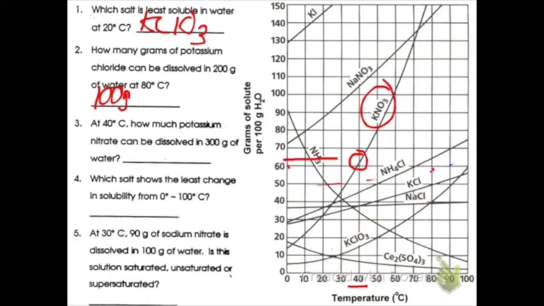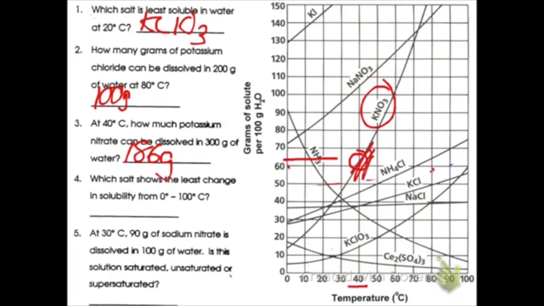Something like that. That can be dissolved in 300 grams. So I want to take 62 times 3, which is 186. So I can dissolve 186 grams in 300 grams of water at 40. So be careful because your graph is pretty much always going to be in either 100 grams of water or 100 milliliters of water. So if it wants some multiple of that, then you're going to want to go back and multiply. So that's what we've done.